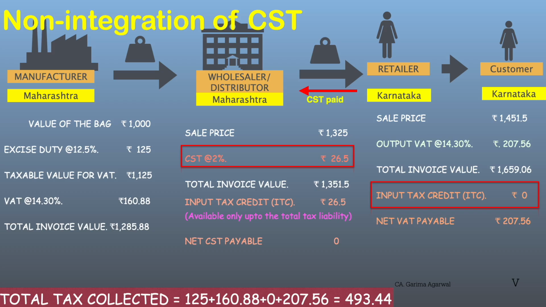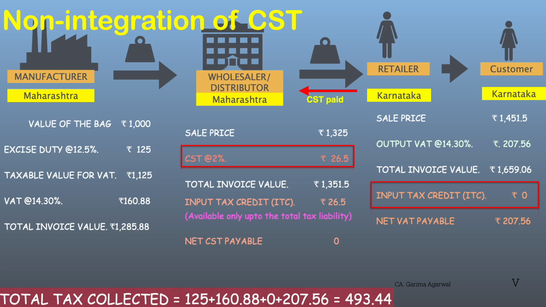However, now when the retailer in Karnataka sells these bags to the ultimate consumer, who let's suppose is also in Karnataka, the retailer will charge Karnataka VAT on the bag. However, the retailer will not get any input tax credit on the final VAT she charges from the customer and pays to the Karnataka government. This is because she had paid CST to her seller, that is the distributor in this case, and the distributor in turn paid that CST collected to the Maharashtra government.